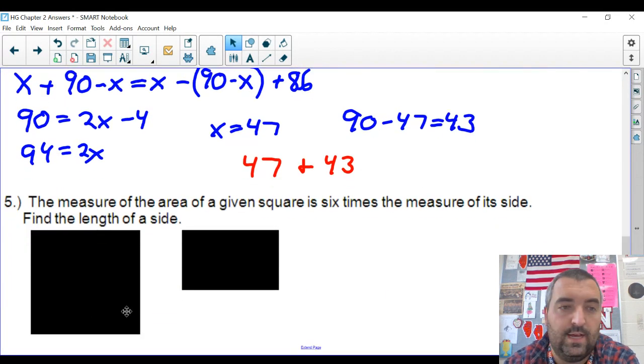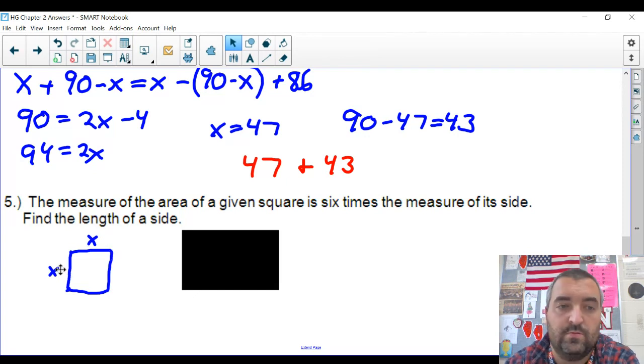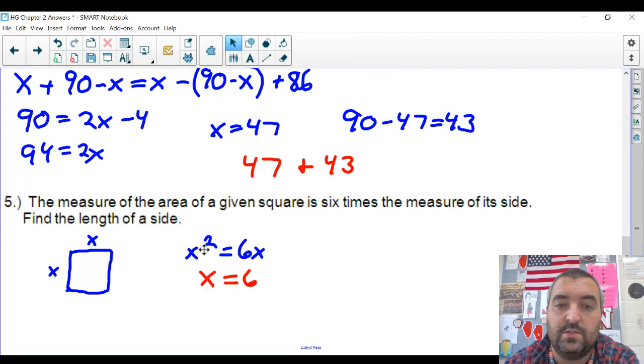So our answers are 47 and 43 degrees. Last one for this page. The measure of the area of a given square is 6 times the measure of its side. So I drew a square. We know squares have equal sides, so I just made them x. Then you're able to say the area, x squared, equals 6 times a given side. All the sides are the same, so you just say x.